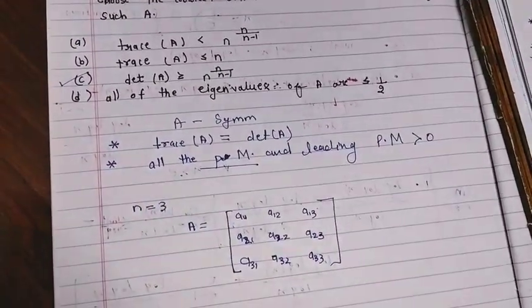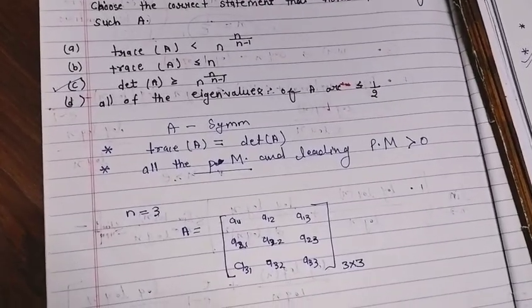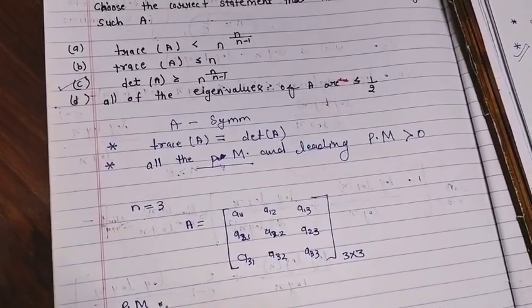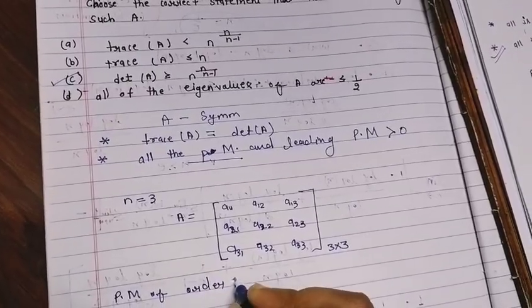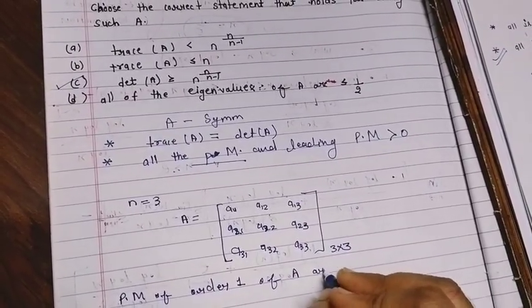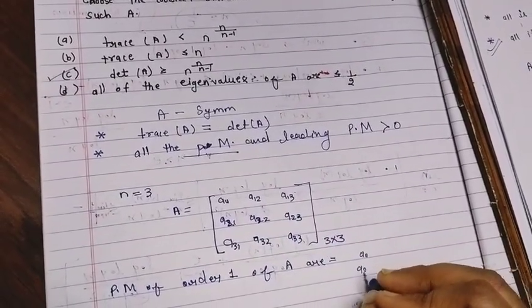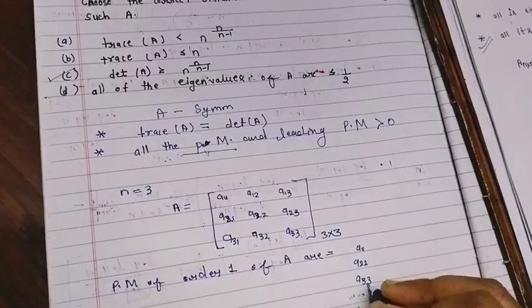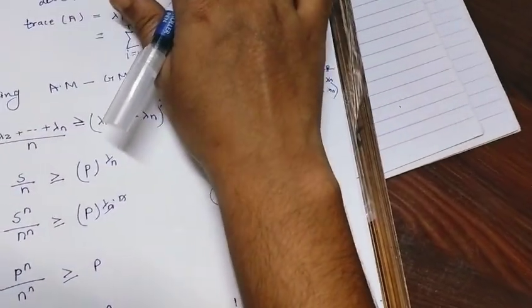So principal minors, this is 3 cross 3, and principal minors of order 1 of A are all the diagonal entries. So A11, A22, A33. So I have said that all the principal minors and leading principal minors should be strictly positive.